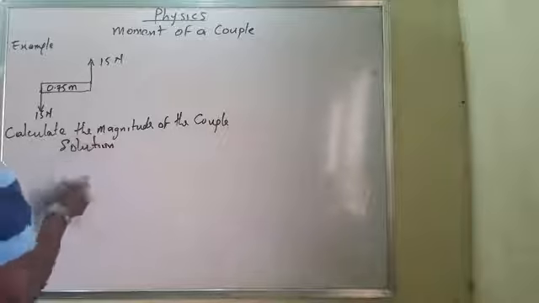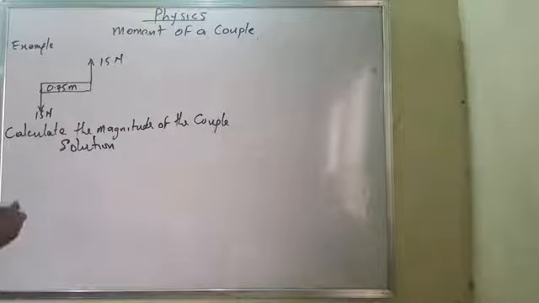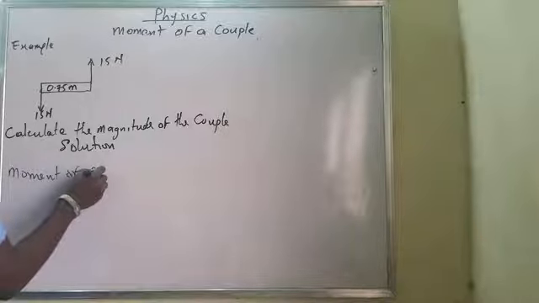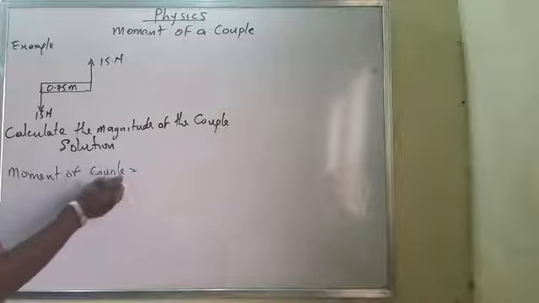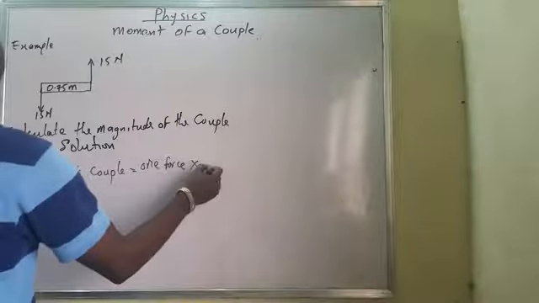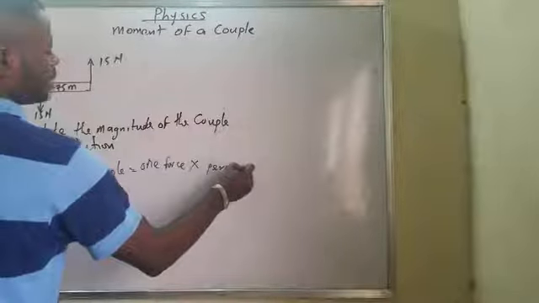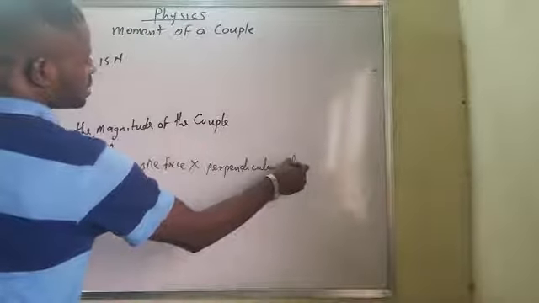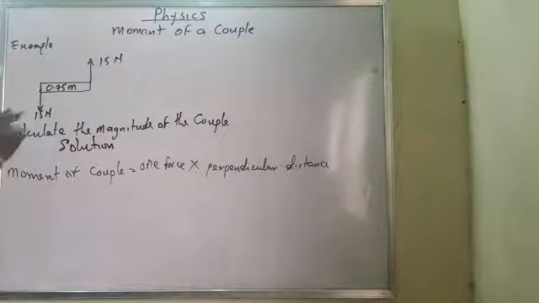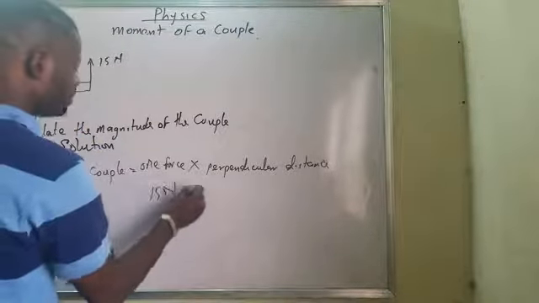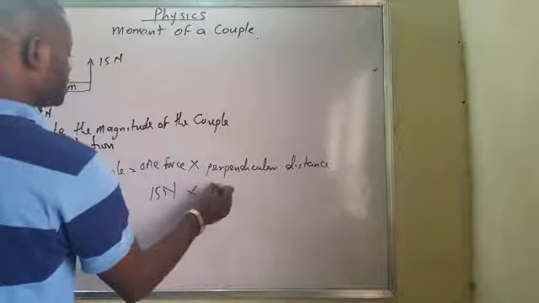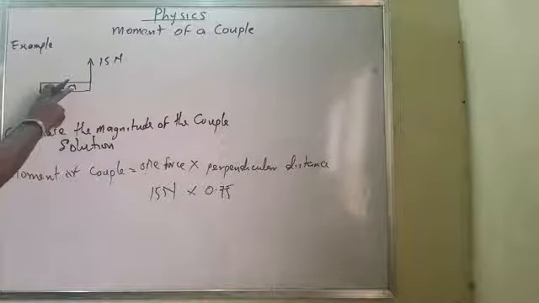Solution to this problem. The moment of a couple equals one force multiplied by the perpendicular distance. That is very, very important. One of the forces is 15 Newton, multiplied by the perpendicular distance, which is 0.75, already in meter.